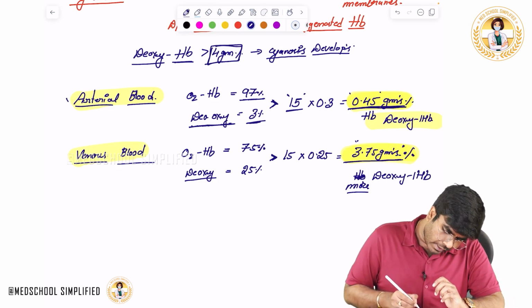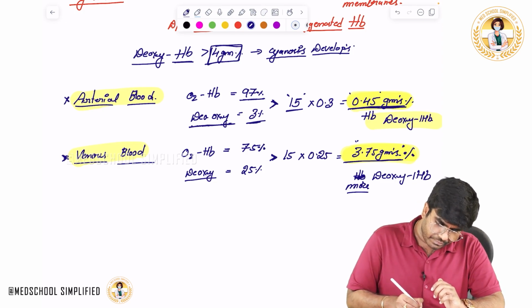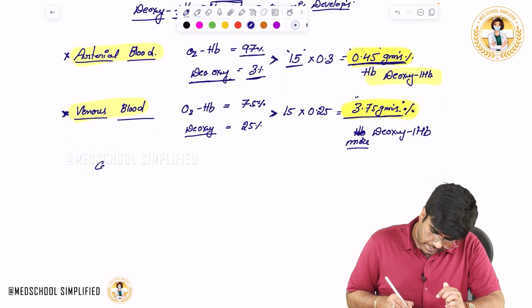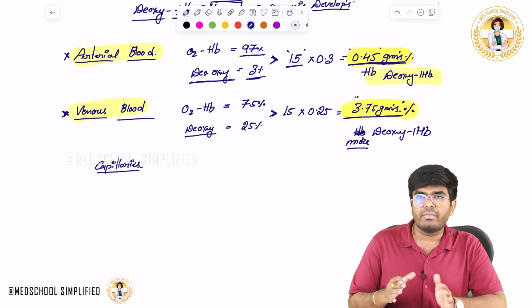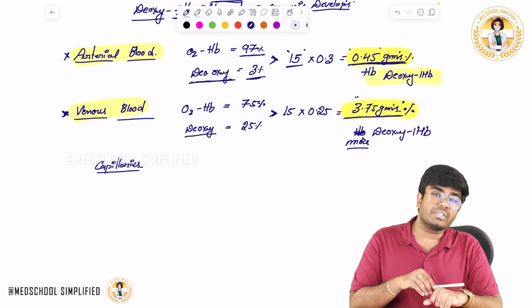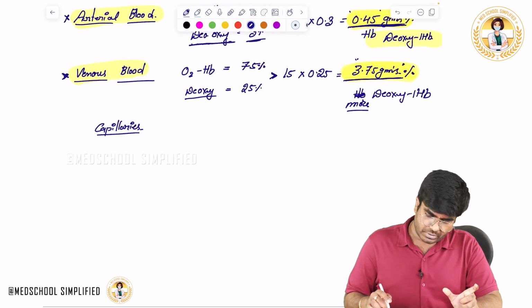Now I am not talking about arterial blood or venous blood. I am talking about the blood present in between, in the capillaries which are present in the tissues.